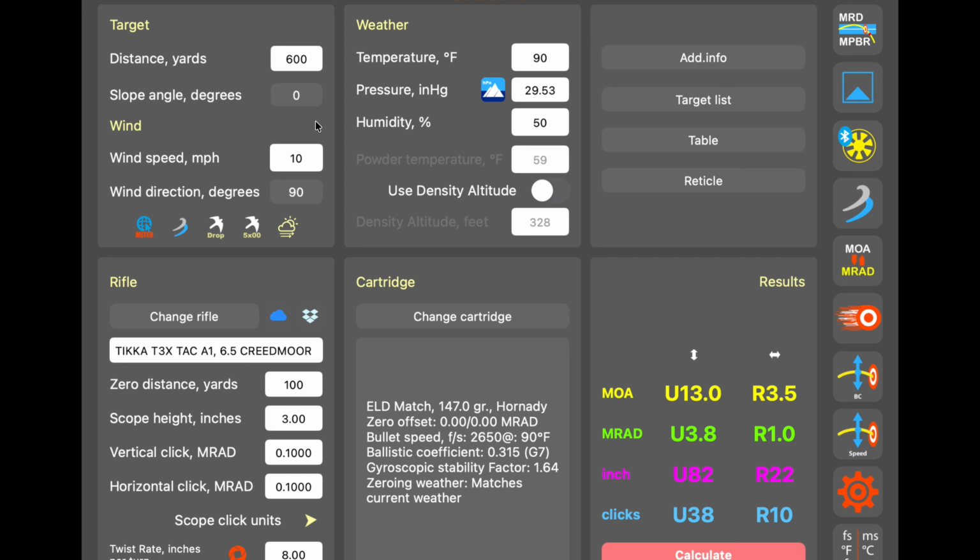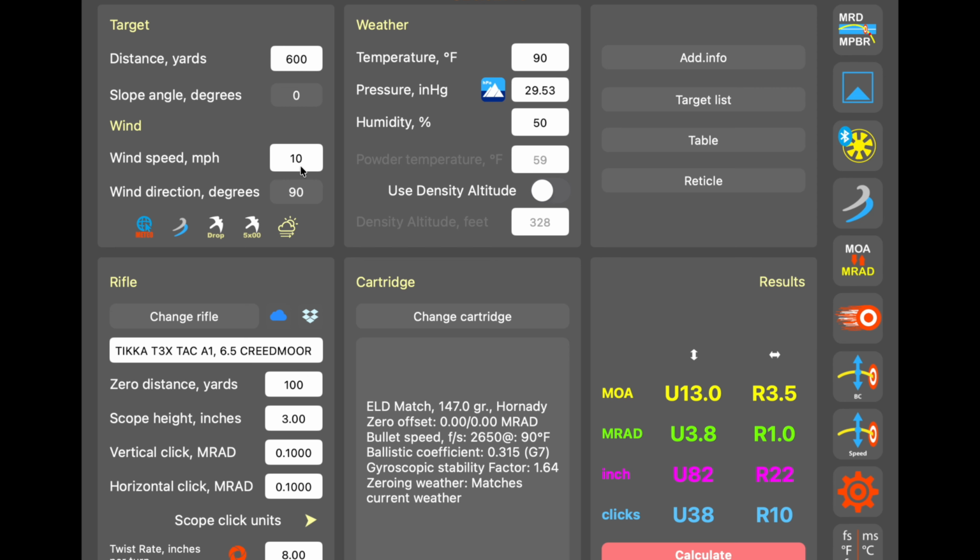With my gun, a 6 mile per hour gun, at 600 yards, a 10 mile per hour wind should give us a full mil, and a 6 mile per hour wind would give us 0.6. Because our yardage equals our gun number, this is right where 1 mile per hour wind will equal 1/10 of a mil. So if I have a 15 mile per hour wind, that's going to give me a 1.5 mil hold at 600 yards.